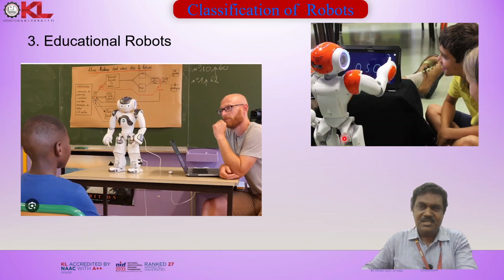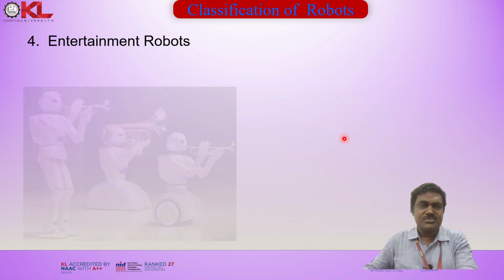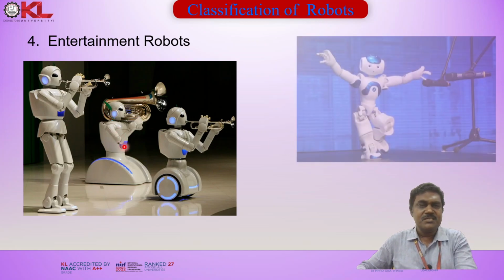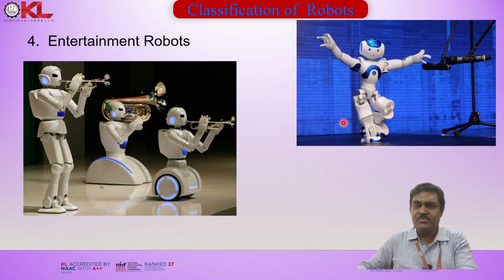For children, you can operate these educational robots to entertain. Now, in entertainment also, a lot of robots are used for dancing and music. You can see here how you can perform music using the different entertainment robots. And here is the dancing robot. I will show one video of a dancing robot at the end of this video.